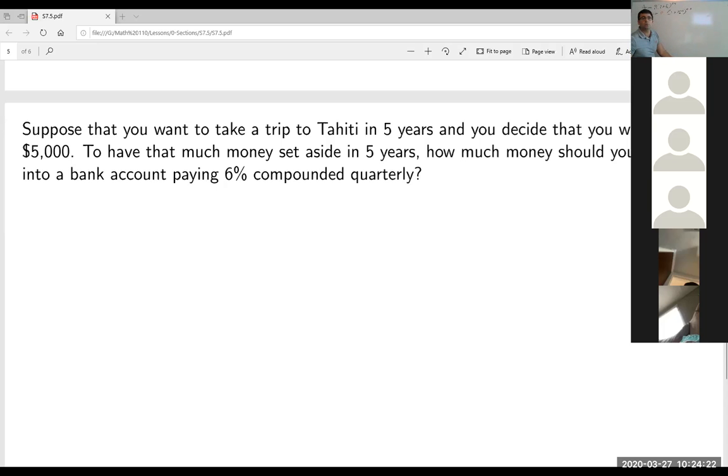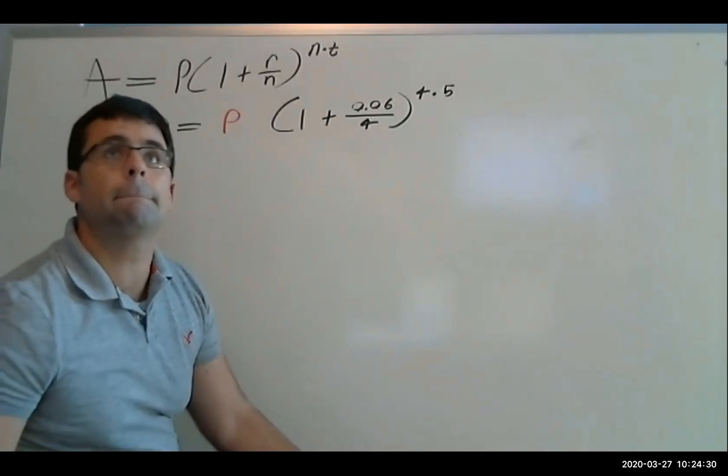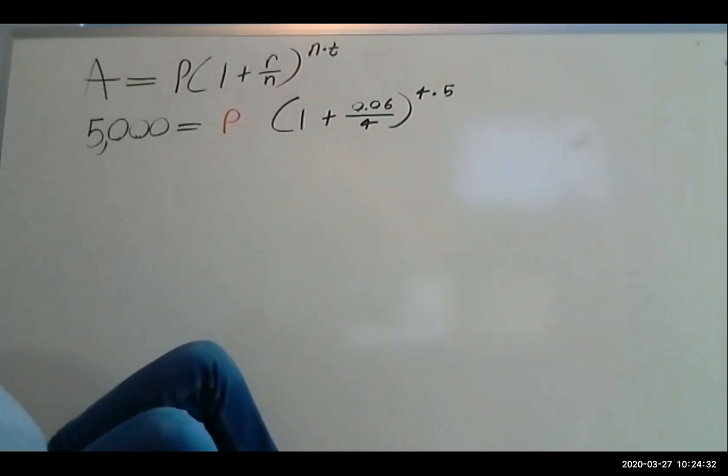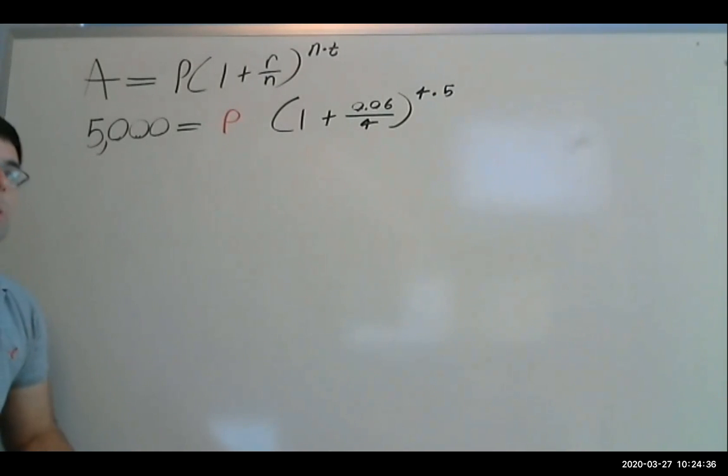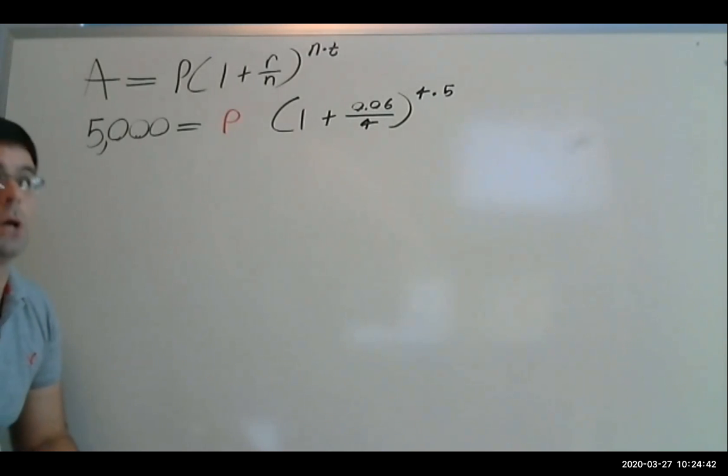So let's go back. Would you end up solving that and then subtracting that from 5,000? We're not subtracting it from 5,000.